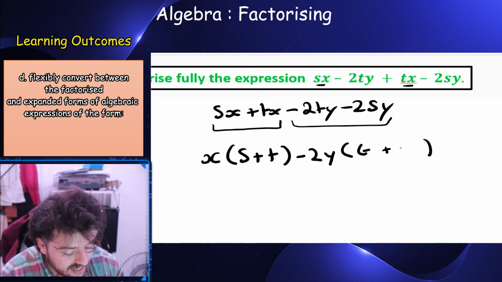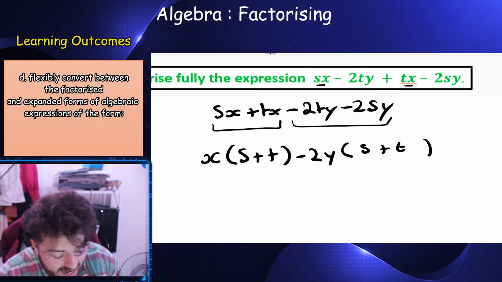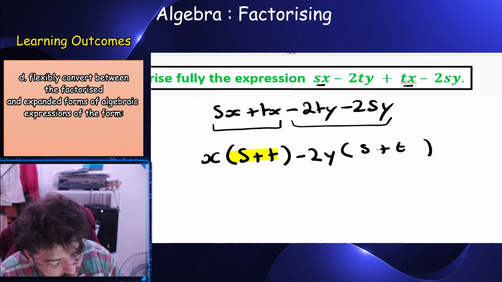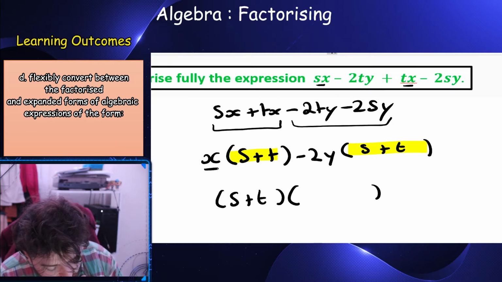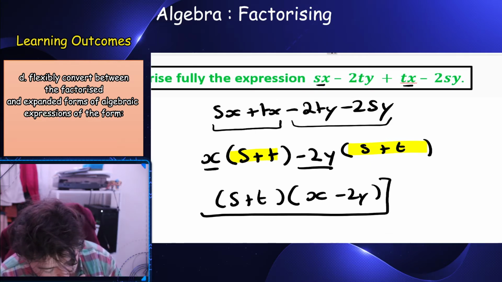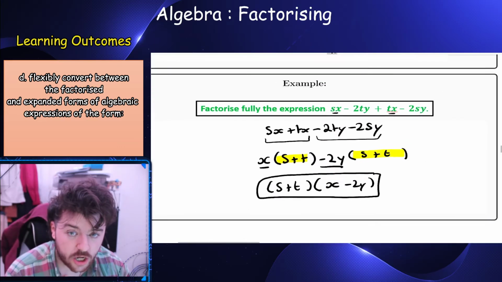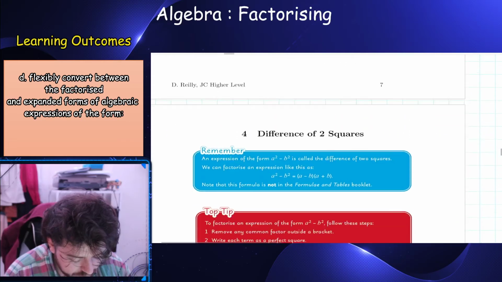And t plus s is the same as s plus t. Now I see, oh, I have an s plus t in common. So s plus t, then I have left over x minus 2y. And that's grouping done. Right, so that was an example of rearranging.